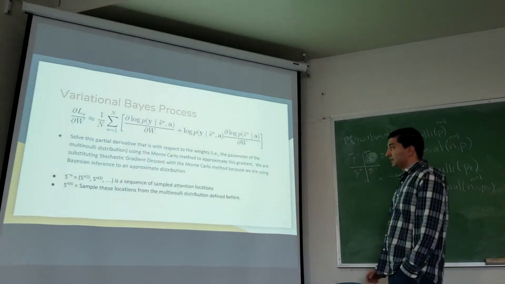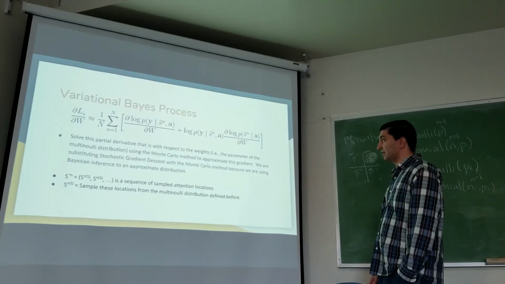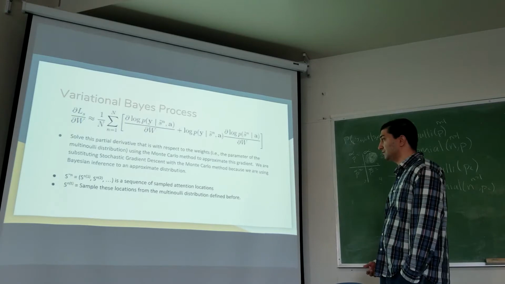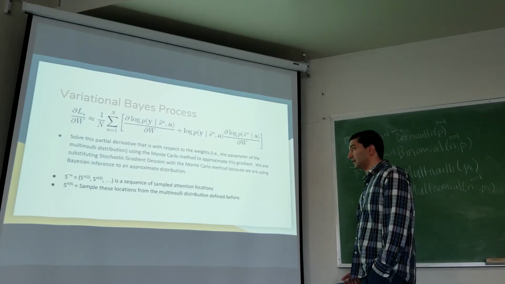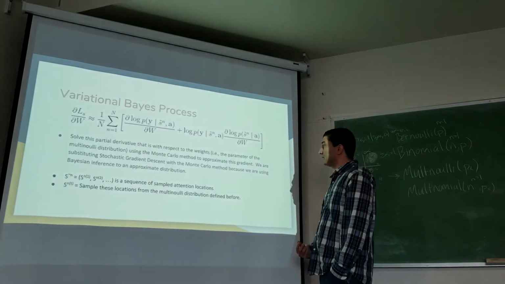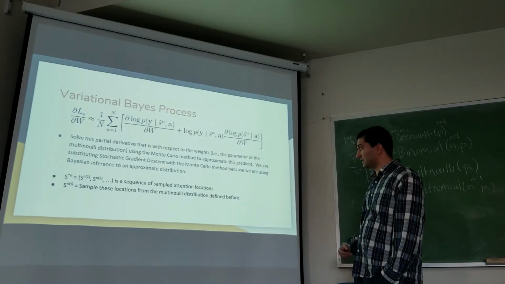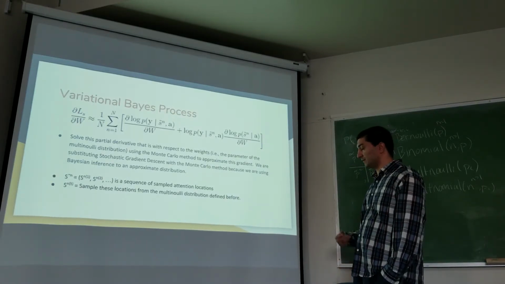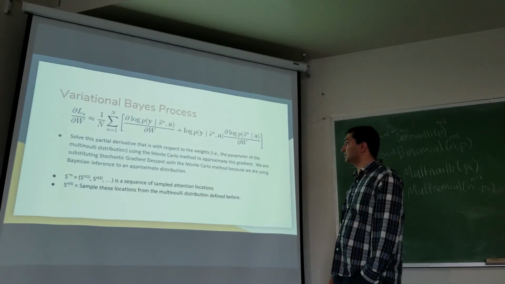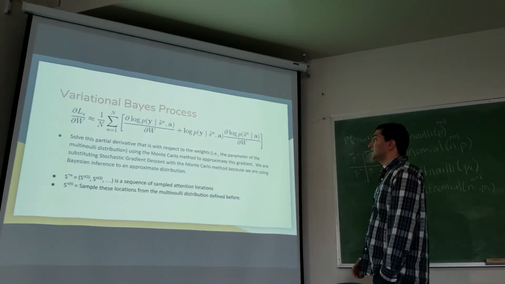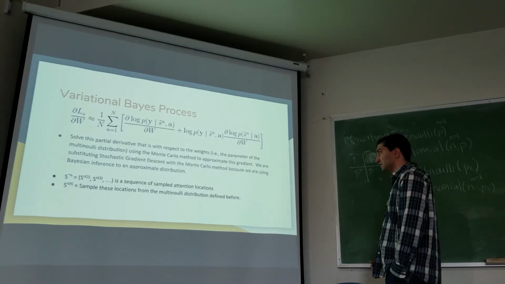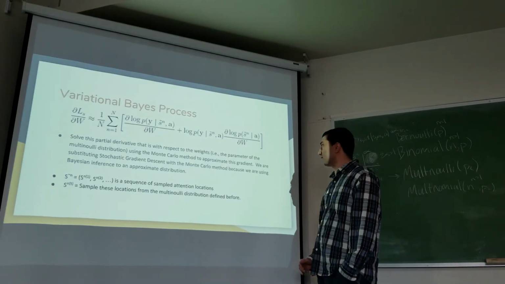So this is similar to using stochastic gradient descent, but because we're working with a distribution and trying to do Bayesian inference to an approximate distribution, we're going to use the Monte Carlo method to sample these different image locations. We're going to sample from the multinoulli distribution, and then take the derivative with respect to the weights of this distribution to approximate the gradient.